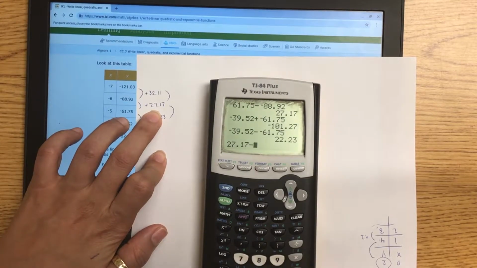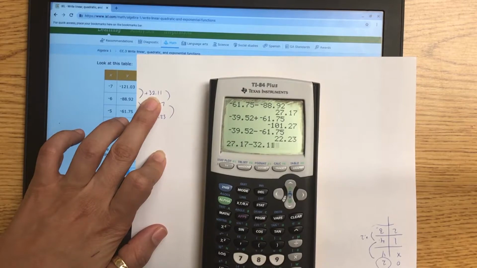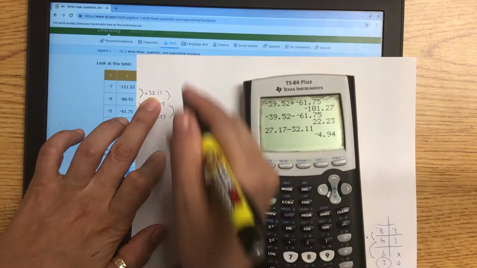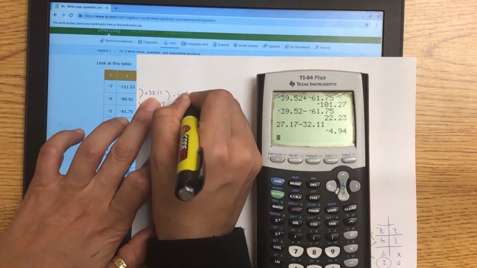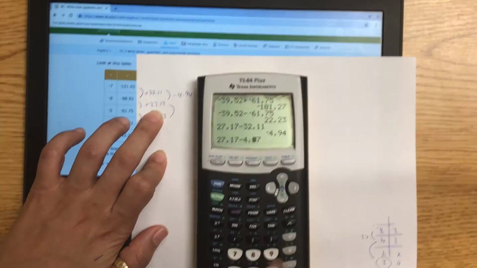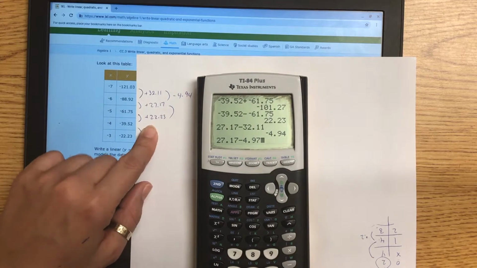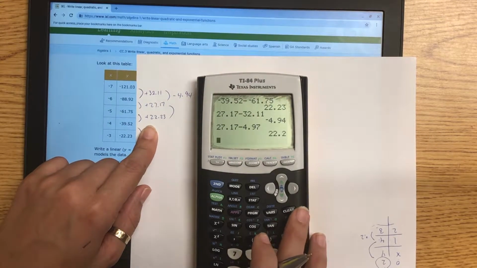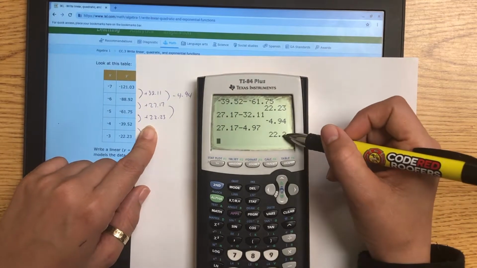So now I find the second difference. 27.17 minus 32.11 is negative 4.94. And if I take 27.17 minus 4.94, I should get 22.23. Oh wait, I don't get 22.23.